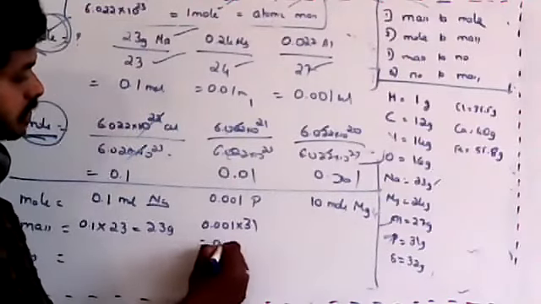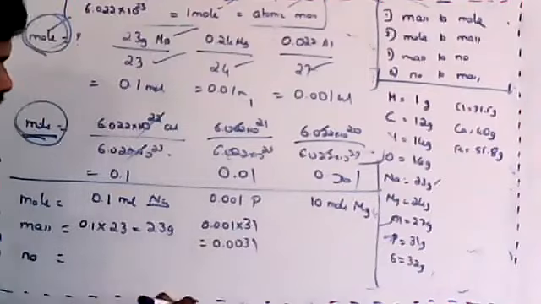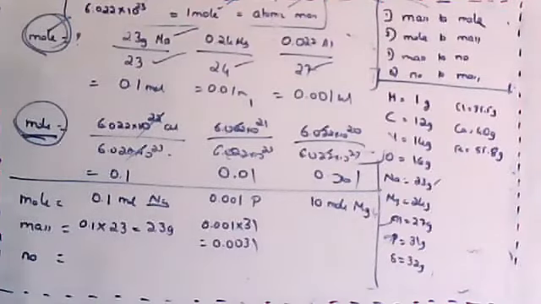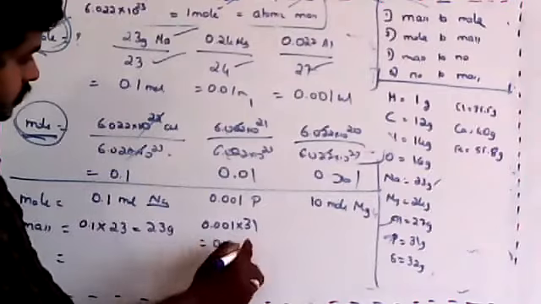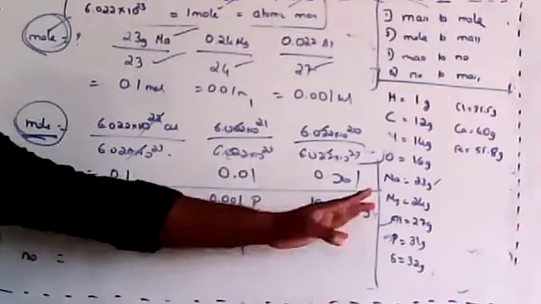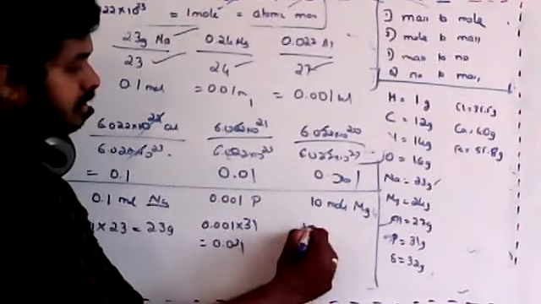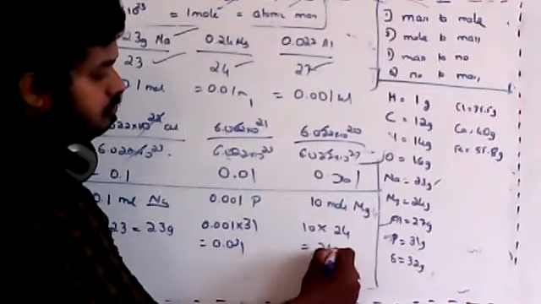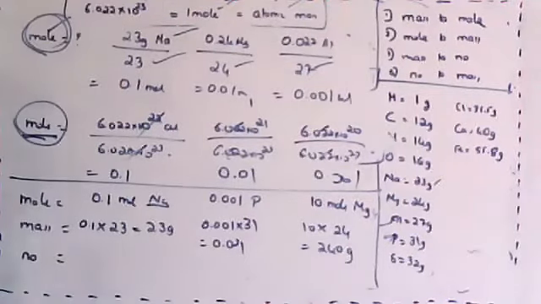So this will become 0.031. The next one, 10 mole of magnesium: 10 into magnesium mass 24 will become 240 grams. Dear students, are you understanding?